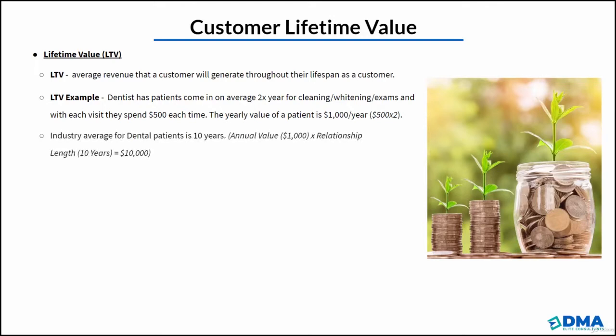Now, let's look at the industry average for dental patients. It's as simple as taking that $1,000, which is the 1 year value of a patient, times the length of a typical relationship. So $1,000 times 10 years, which is how long that patient typically stays with that dentist. And so the lifetime value of a patient for a dentist is $10,000, right?